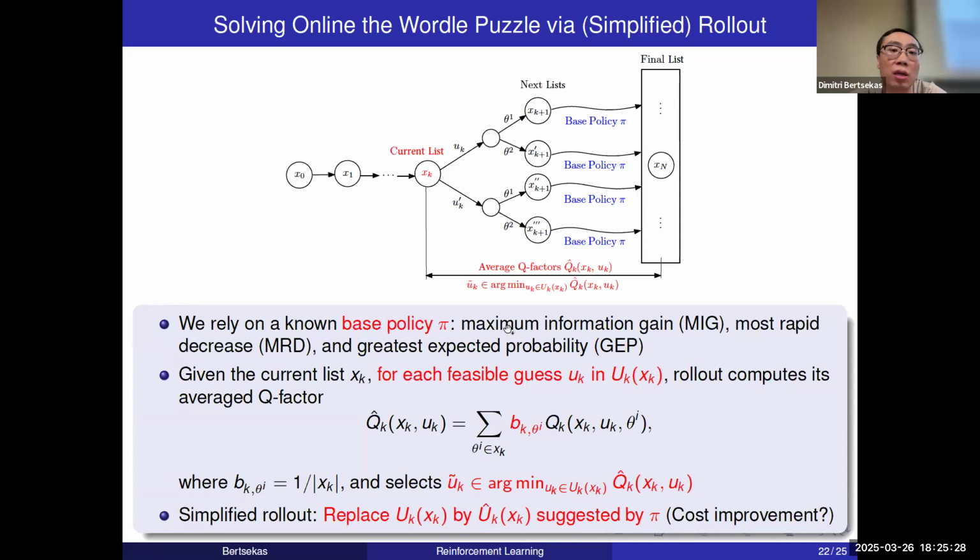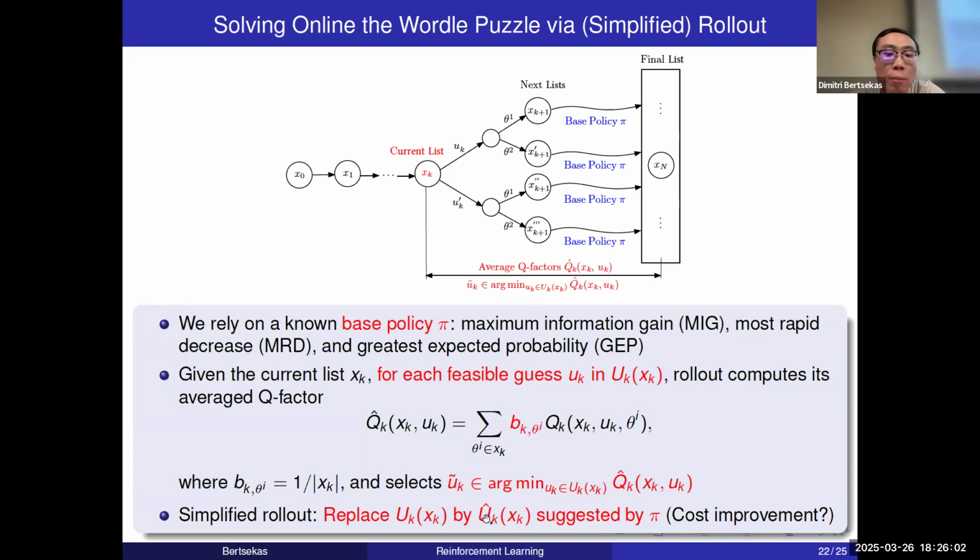As I mentioned, given the current list, the base policy is going to rank the feasible controls according to certain criteria and choose the best one, right? So instead of considering all the controls, we may select the top 5 controls suggested by the base policy and construct this u_k hat and minimize among those controls rather than all of them.